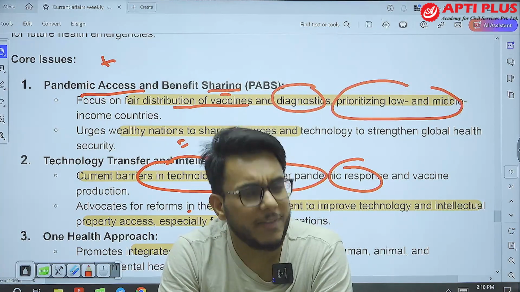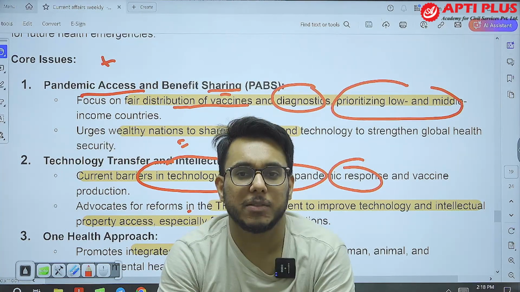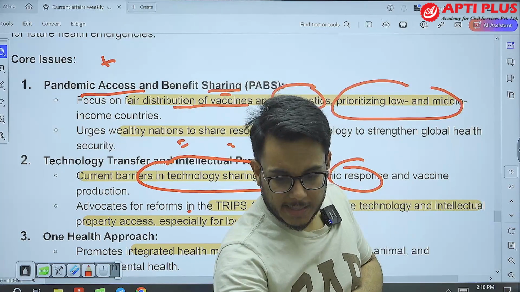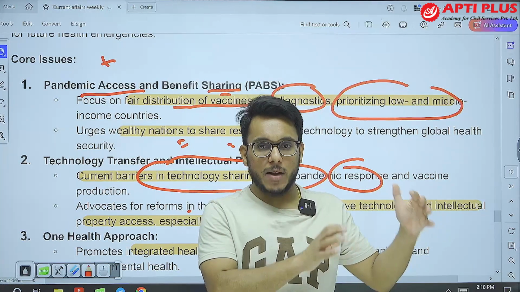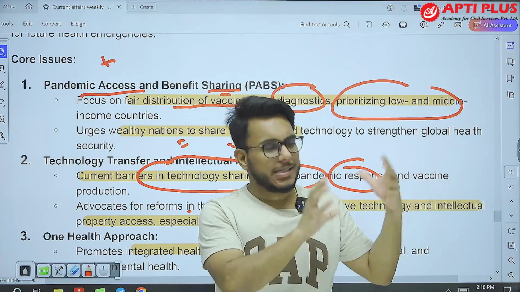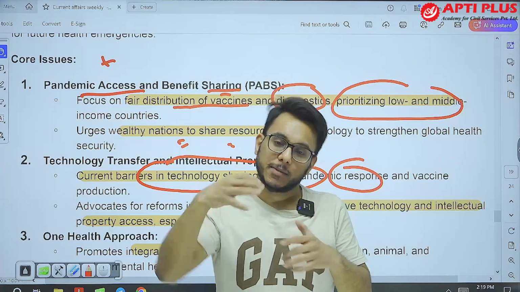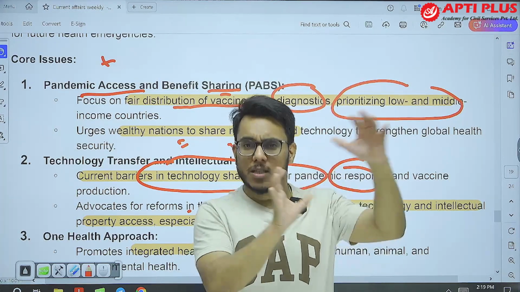Now, if we talk about India, there is compulsory licensing that we have. Now, what is this compulsory licensing? Through compulsory licensing, India can allow generic manufacturers to make the same drug or vaccine. We can open the patent using the compulsory licensing provision that we have in India. Similar provisions other countries also have.